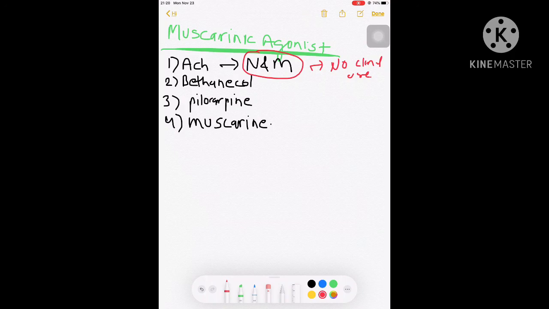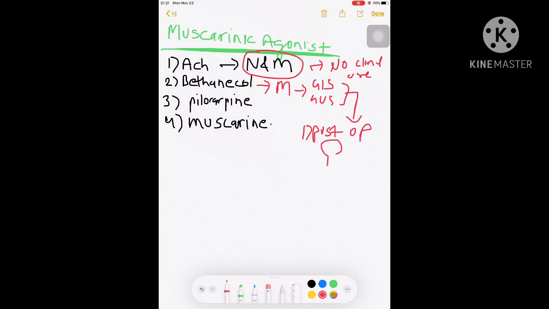Next is bethanechol. It has selective muscarinic activity on both the gastrointestinal system and the genitourinary system. Therefore, we can use bethanechol in postoperative urinary retention.